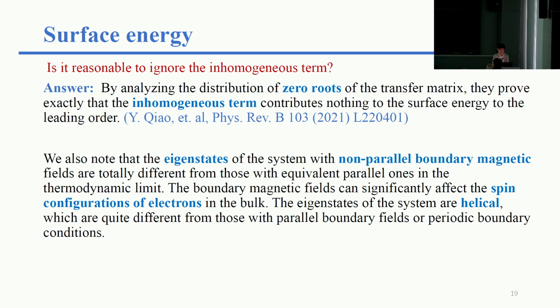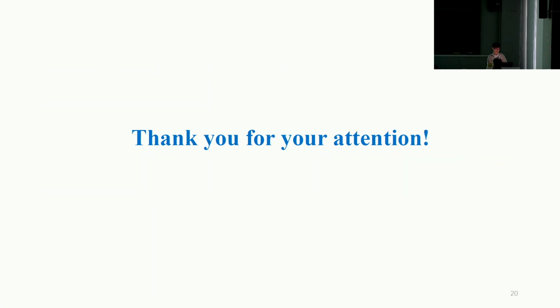And the boundary magnetic fields can affect the spin configurations of the electrons in the bulk. And there are some other papers that talk about the eigenstates. So the eigenstates are quite different from the parallel boundary fields. So I will stop here and thank you for your attention.